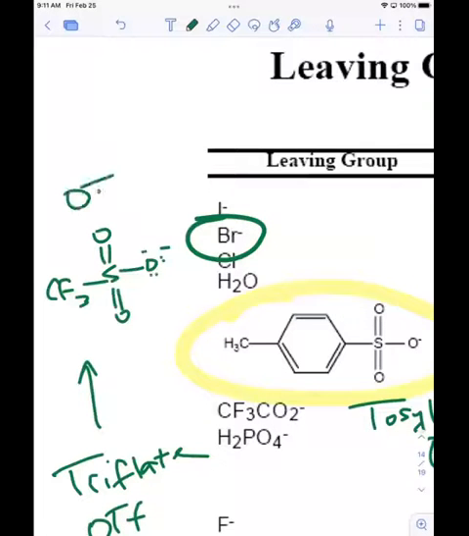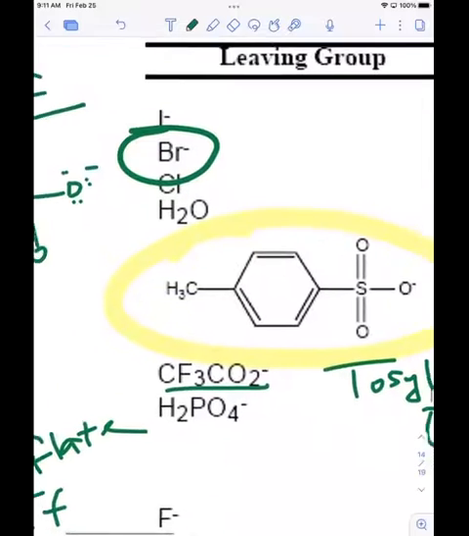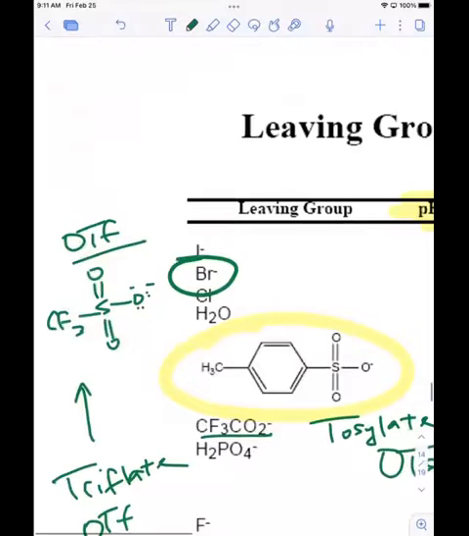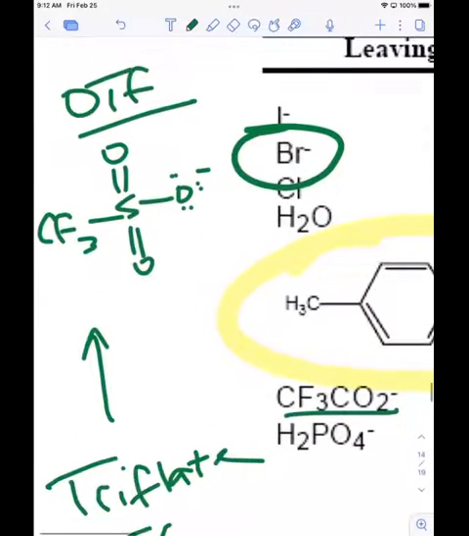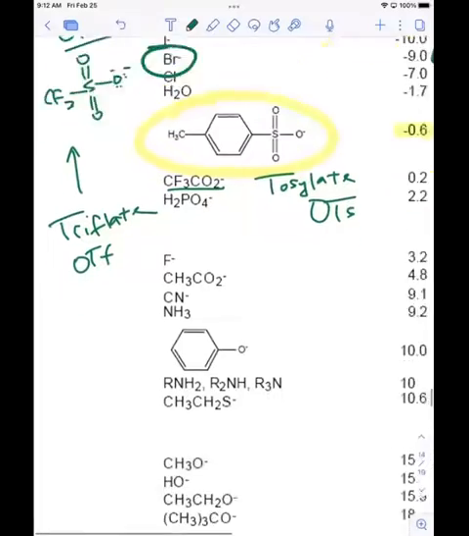So this is OTf, trifluoromethane sulfonate. This is actually trifluoroacetate. So that's a different leaving group. But the triflate's conjugate acid has a pKa of, I think, negative 13.5. So that's an excellent leaving group.